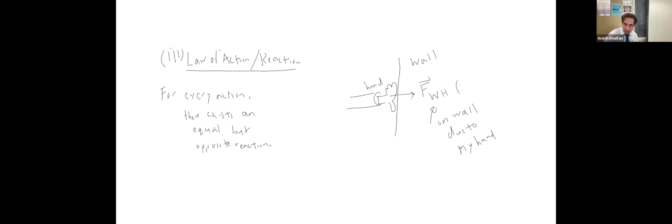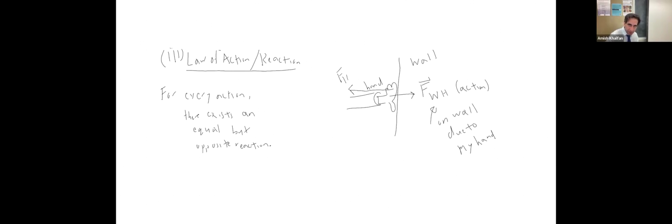Okay. But Newton says that for every action, there exists an equal and opposite reaction. What he means by that is there's going to be an equal magnitude reaction and opposite in terms of direction. So the reaction is a force that's going to exist on my hand due to the wall. So this I would say is FHW.